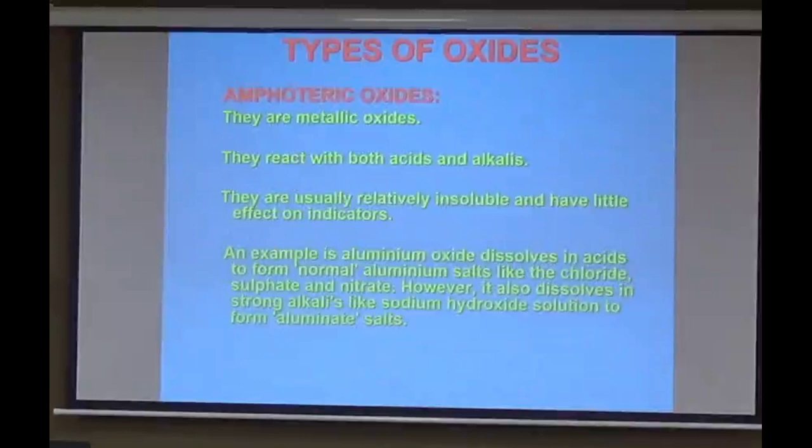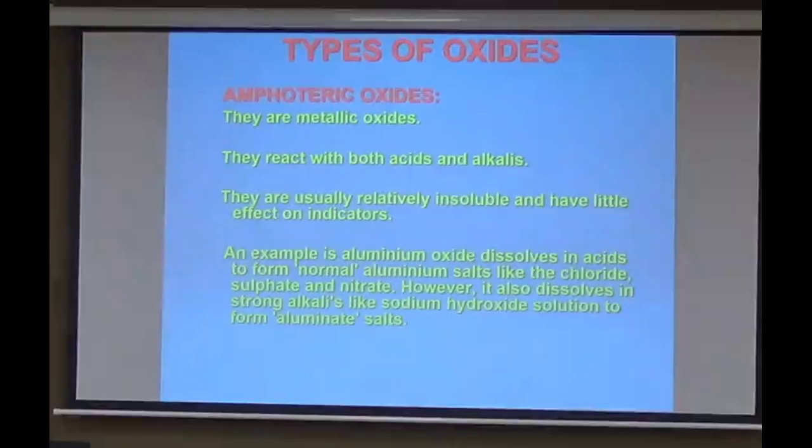Next in category comes the amphoteric oxides, a very important part of the chapter. These are actually a few metallic oxides which can react both with acids as well as with alkalis. So the specific feature of an amphoteric oxide is that it can react both with acids as well as alkalis.